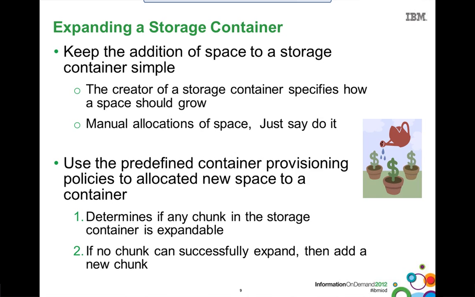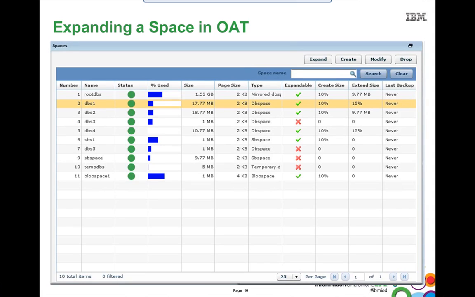So one of the things that we have here is we can look at the spaces. We're showing the DB spaces and smart blob spaces and temp DB spaces and all the different spaces that are on the system. And we see right away which spaces are expandable and which spaces are of fixed size.